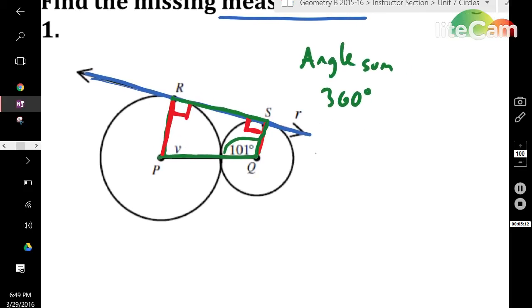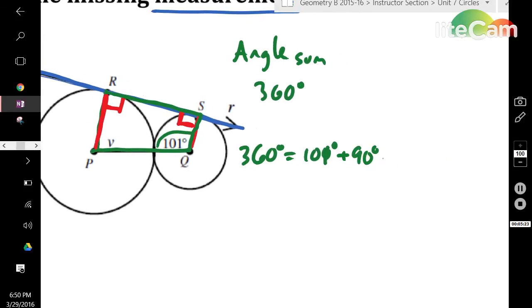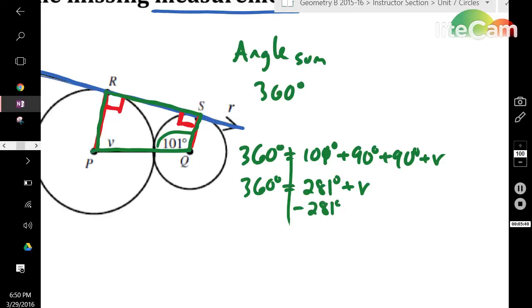So that's my equation. If the angle sum is 360, that's going to be equal to 101 degrees plus 90 degrees plus another 90 degrees plus our unknown V. Combine your like terms. 90 plus 90 plus 101 is going to be 281 degrees plus V. Subtract 281 degrees from both sides.